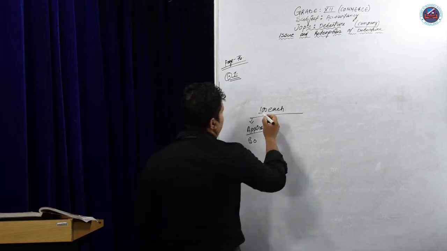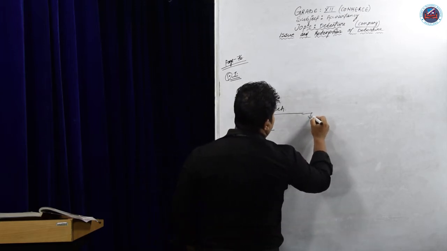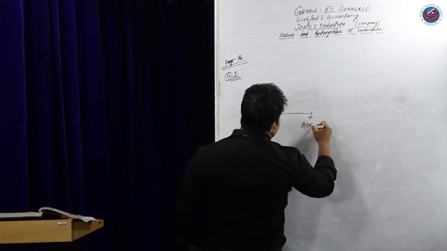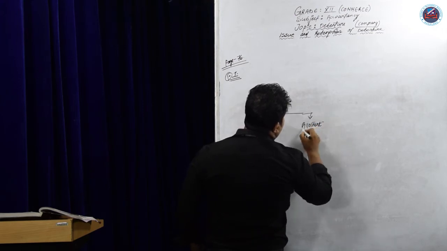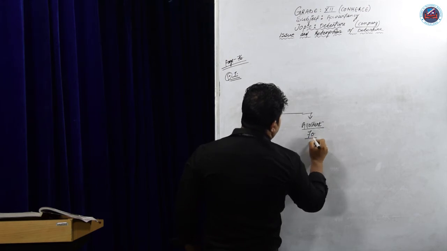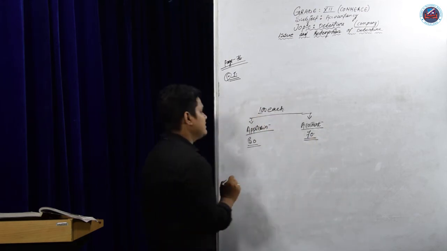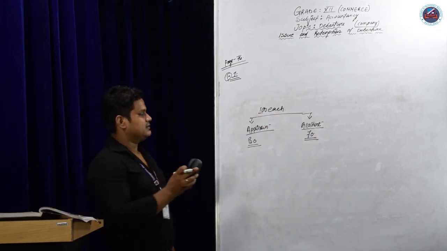So the remaining is how much? 100 minus 30 is 70. That is at the time of allotment, that will be 70. 30 plus 70 is 100. Okay?